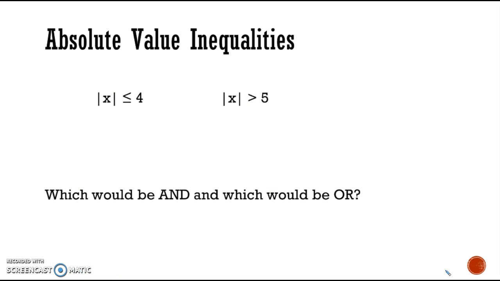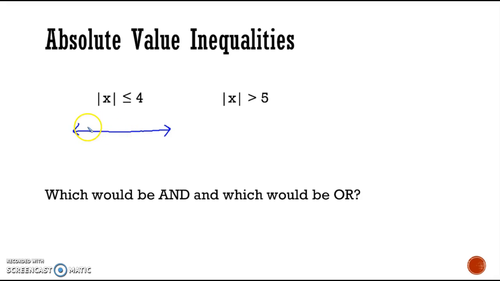So continuing with absolute value inequalities, we're going to have to look for an "and" and an "or" to figure out which is which. And if you think about it, remember absolute value is distance from 0, so for this one I want the absolute value of x, the distance from 0, to be less than or equal to 4. So if I think about it on a number line, I want to be within 4 units from 0.